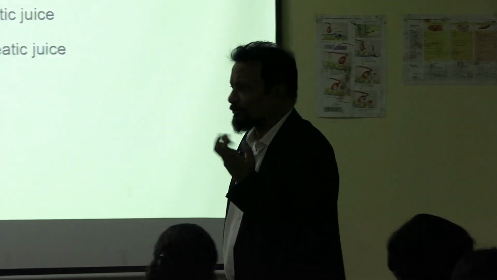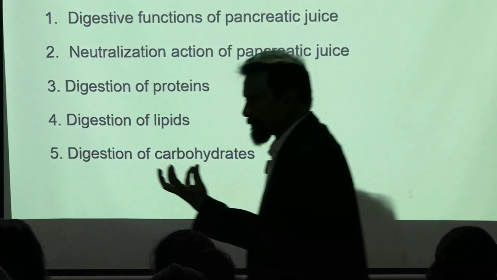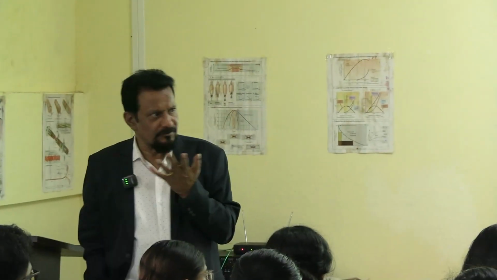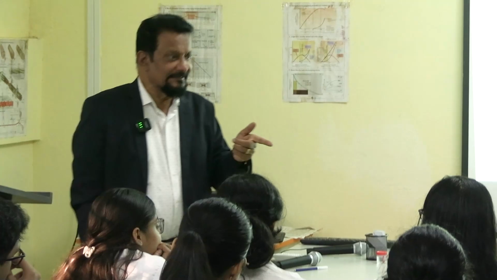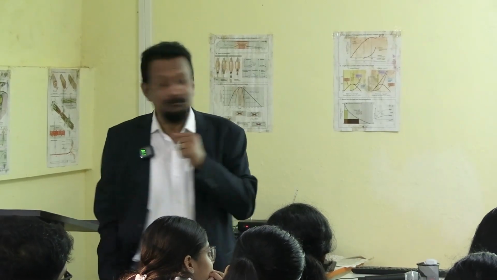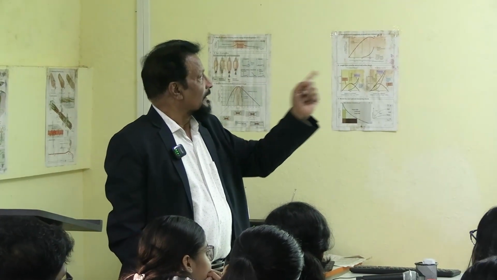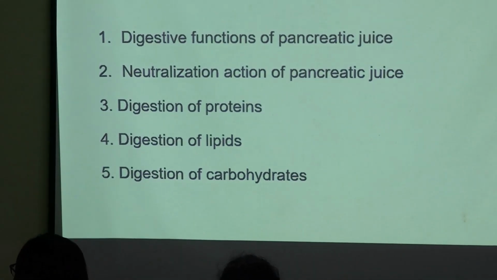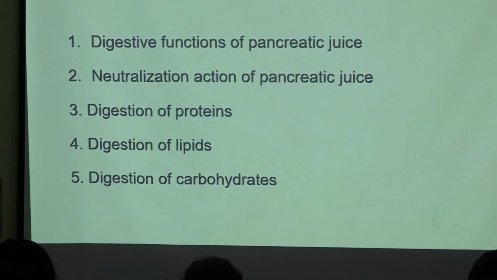Various kinds of proteins we are eating: simple protein, conjugated protein, derived protein, elastin, gelatin. So that has to be digested by the proteolytic enzymes. Can you name some proteolytic enzymes of pancreatic juice?